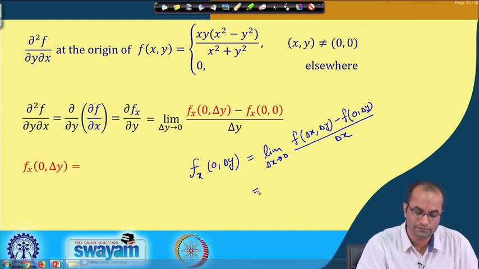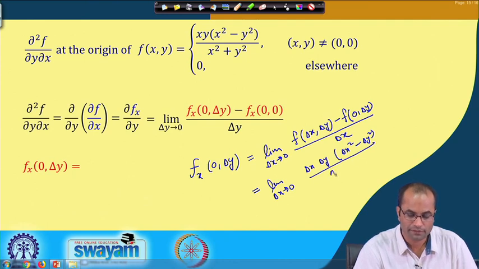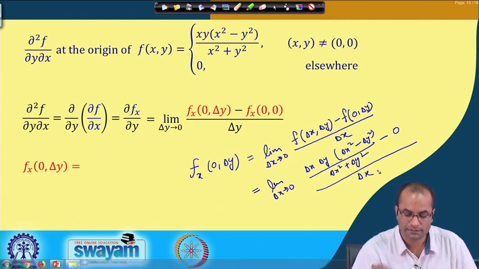We are taking the derivative with respect to x. So, here the limit delta x goes to 0, and this will be again delta x delta y, and this term delta x square minus delta y square divided by delta x square plus delta y square, minus that will become 0, and then we have delta x here.